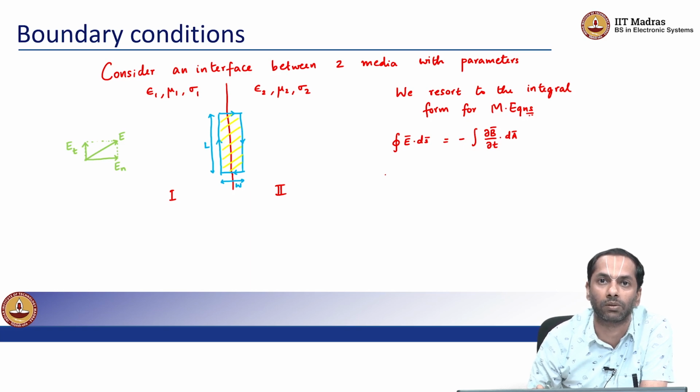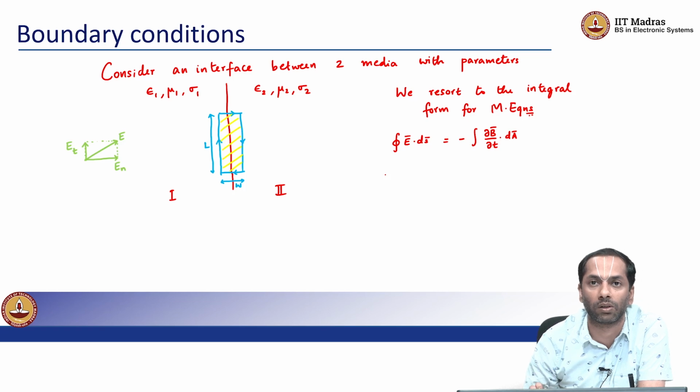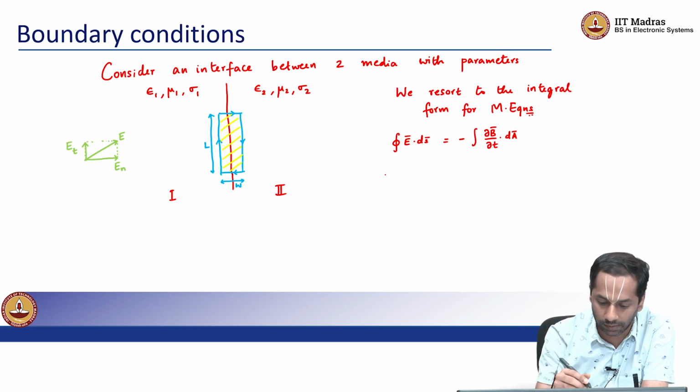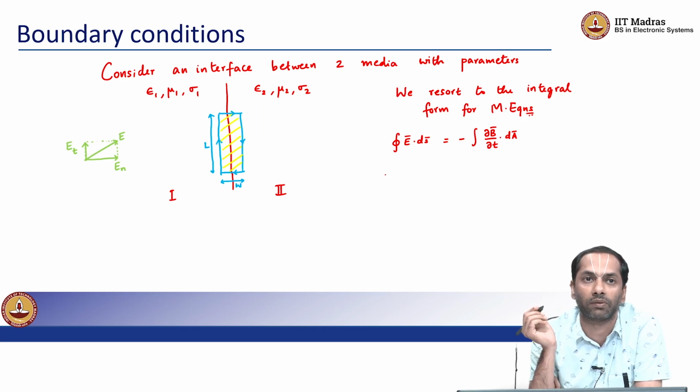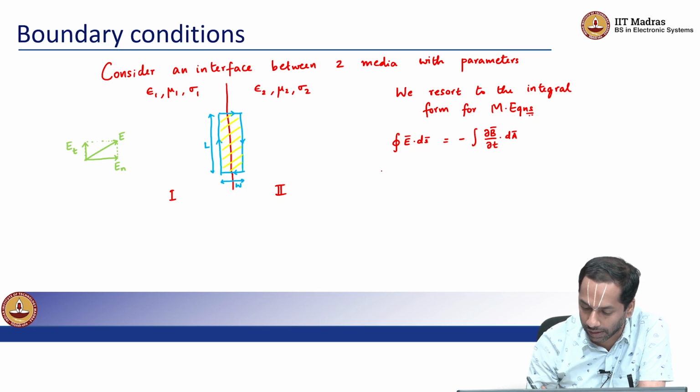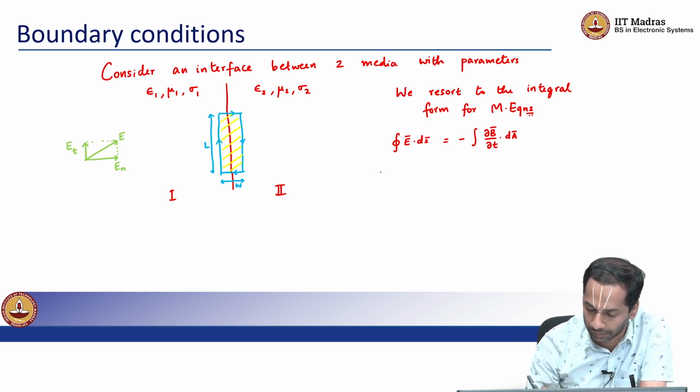Remember that E tangential can be in a plane that is parallel to the interface plane. So I am just going to draw out the contour such that the E tangential is along the side that is shown with side length L. In that case the integral becomes a bit easier.